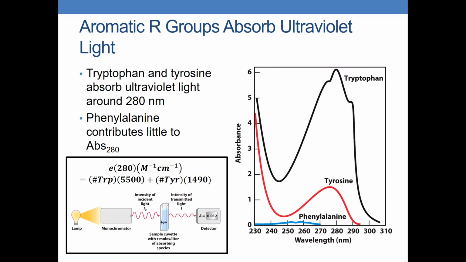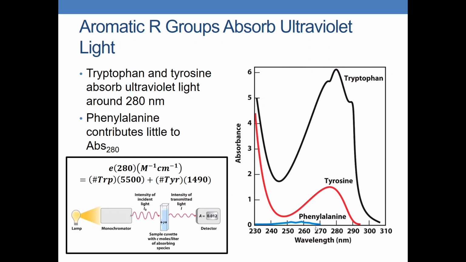If you look at a plot of the absorbance as a function of wavelength, you're going to see that tryptophan and tyrosine absorb closer to about 280 nanometers. Tyrosine absorbs maximally at 278 nanometers. Tryptophan absorbs ideally at 280 nanometers, and there's also a slight shoulder where you get some absorption closer to 290 nanometers.